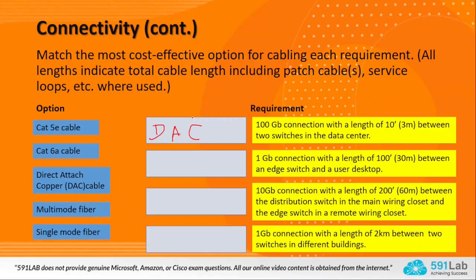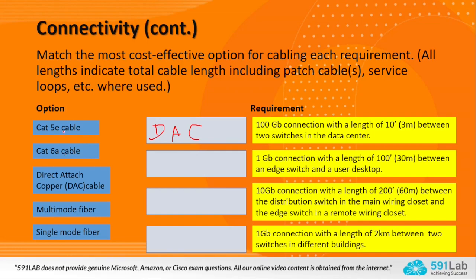We have Cat6e, 6A and Cat5e. Both cables are supported, but we have to look at the cost. So if you consider the cost, Cat6A is expensive because it supports up to 10G.